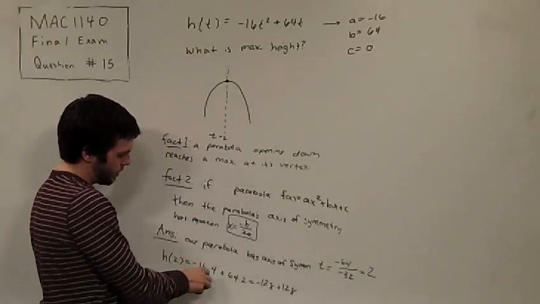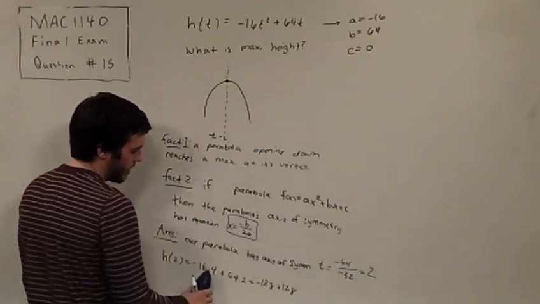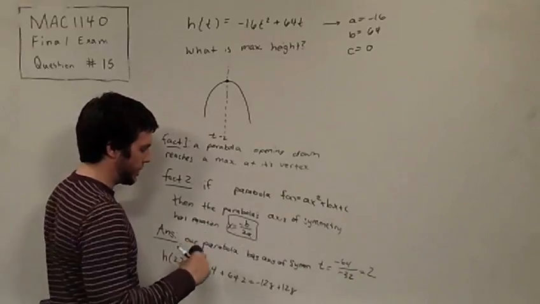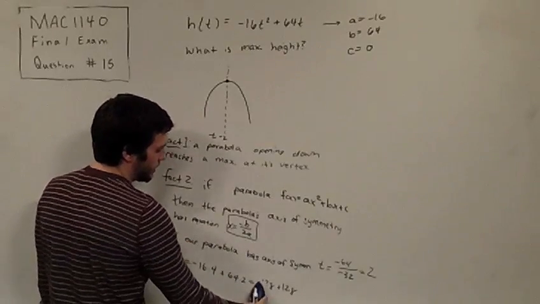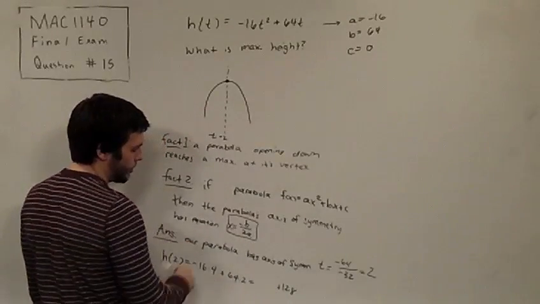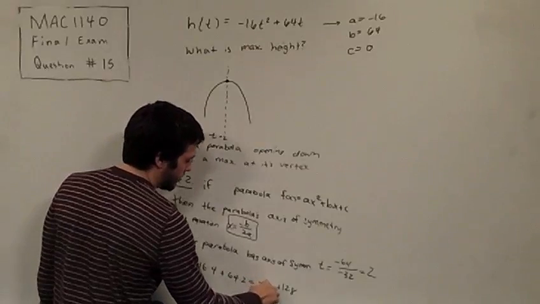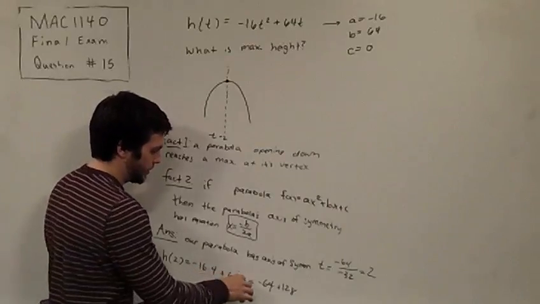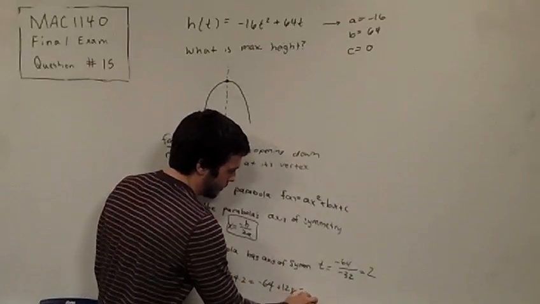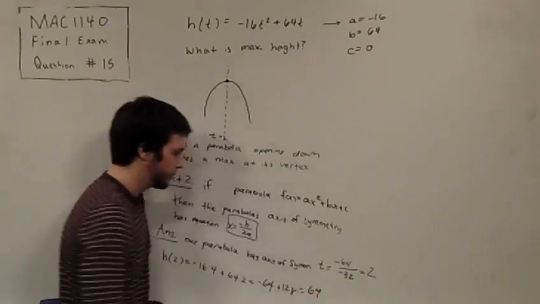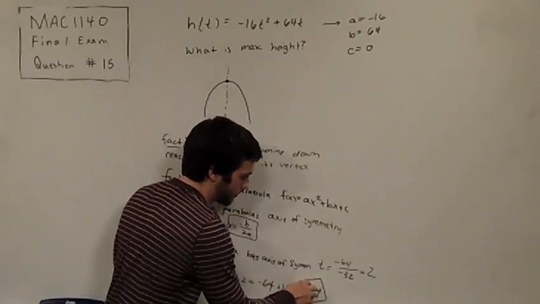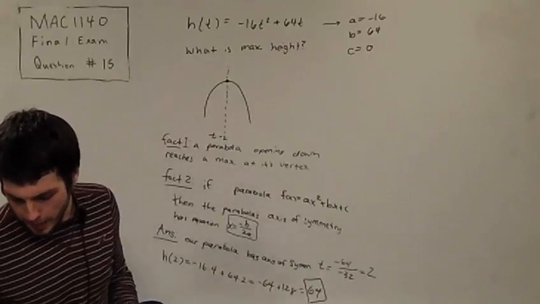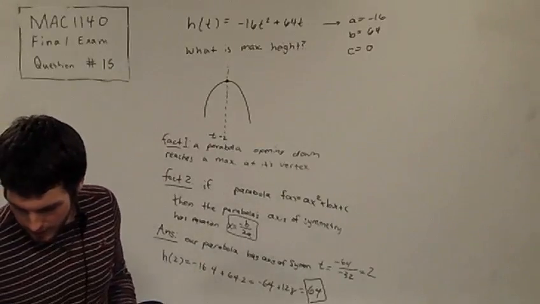So we have negative 64 plus 128, which equals 64. This is our final answer, the height at time 2, which is our maximum height. And that is answer C.